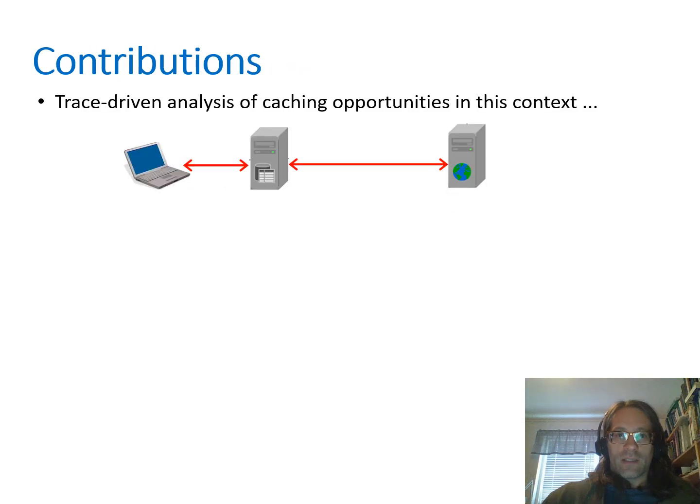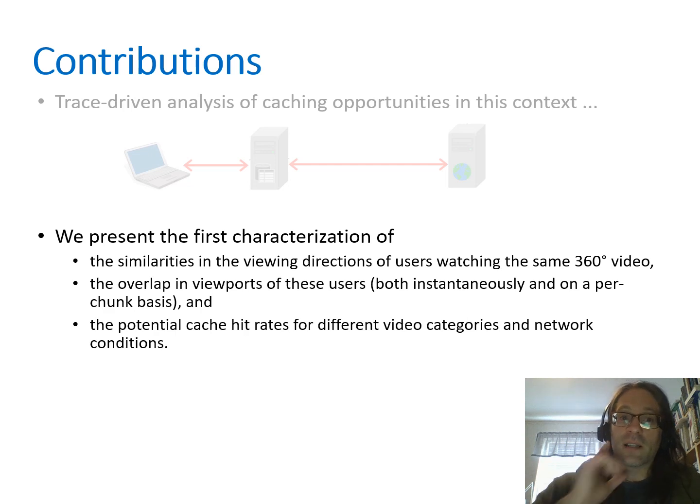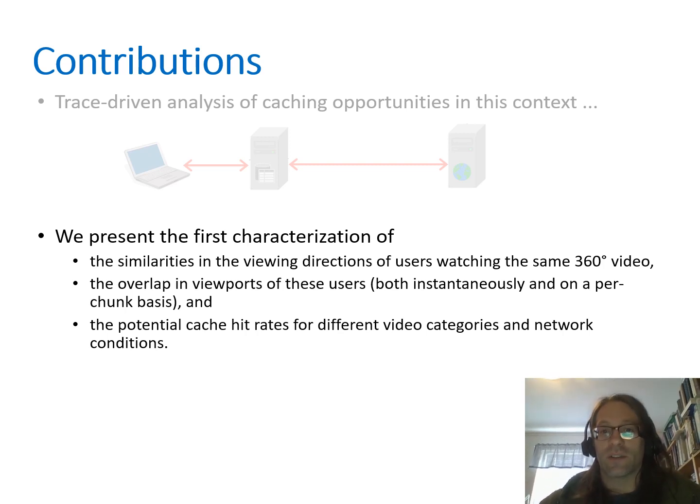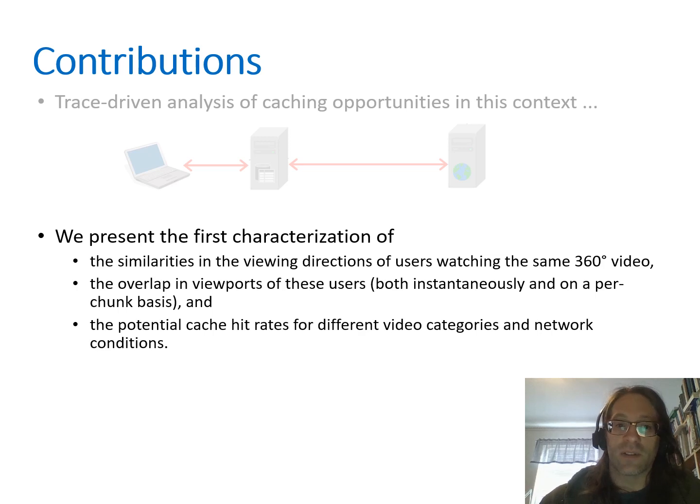What we do in this particular work is provide a trace-driven analysis of the caching opportunities in this context. In particular, we present the first characterization of the similarities in the viewing direction of users watching the same 360 video, the overlap in viewports of these users, both instantaneously and on a per chunk basis, and finally, the potential cache hit rates for different video categories and network conditions.